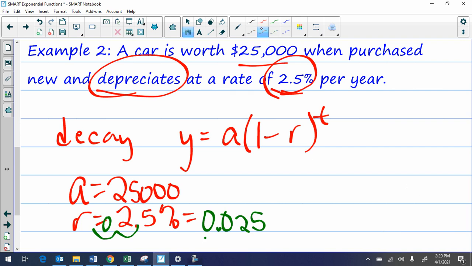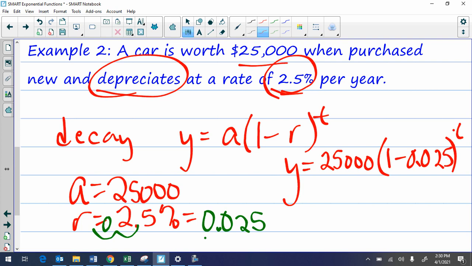Okay, so my equation now becomes y equals a times 1 minus 0.025 to the t. And the only thing I can really do here is this subtraction inside my parentheses, 1 minus 0.025, so that's 0.975 to the t.